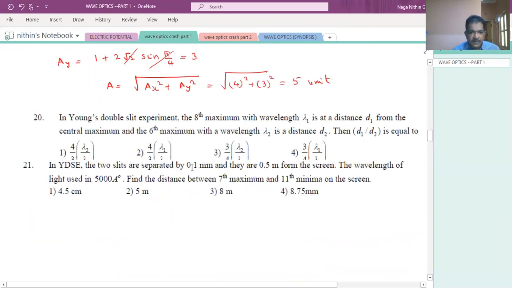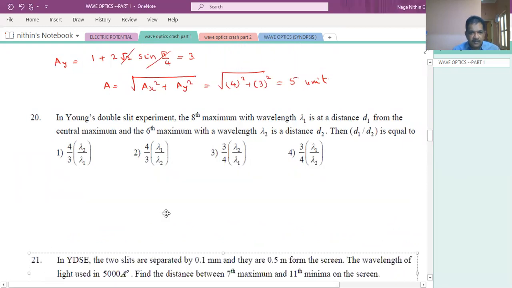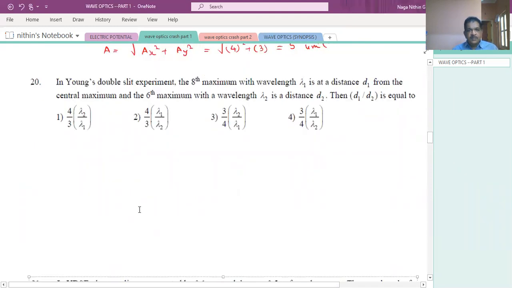See the next question, what they are asking. In Young's double slit experiment, the eighth maximum with wavelength lambda1 is at a distance d1 from the central maximum, and the sixth maximum with a wavelength lambda2 is at a distance d2.